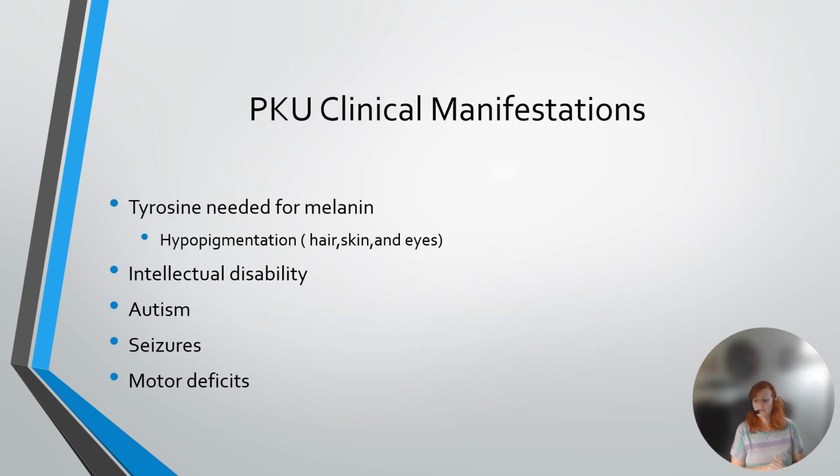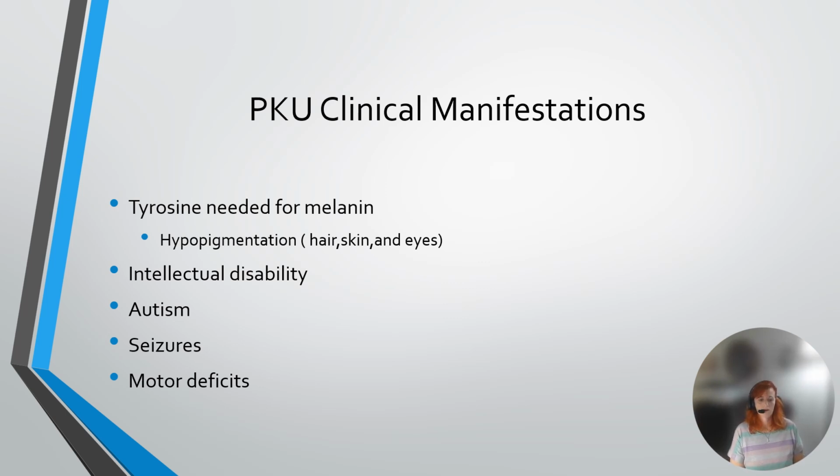All right, so some of the clinical manifestations, there is a gamut of clinical manifestations when it comes to these inborn errors of metabolism. But one of the big ones that you'll see with PKU is that tyrosine is needed for melanin, which is your skin, right?